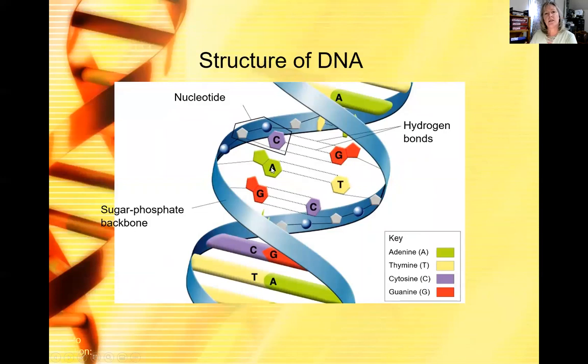This is because if I put a double ring here and a double ring here, then the distance in the rungs of my ladder would be too long. And if I put a single and a single together, if I put C's and a T together, then you would have different lengths in the middle.